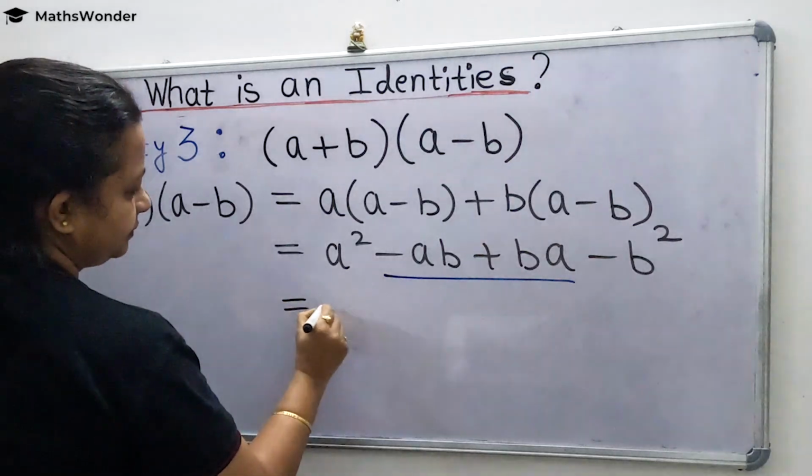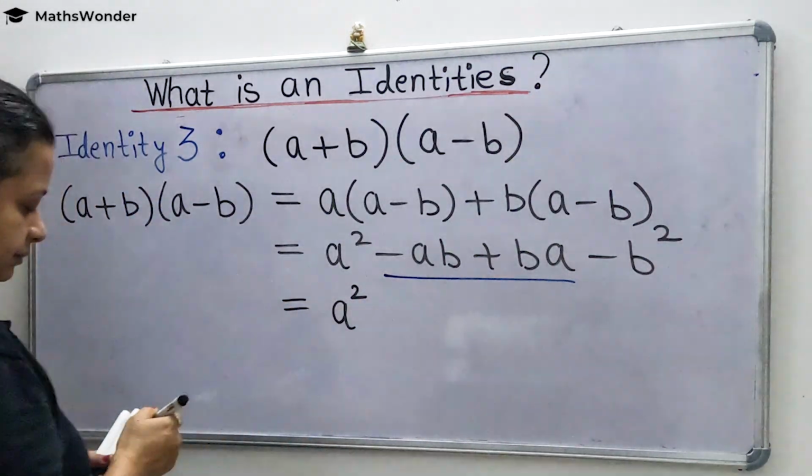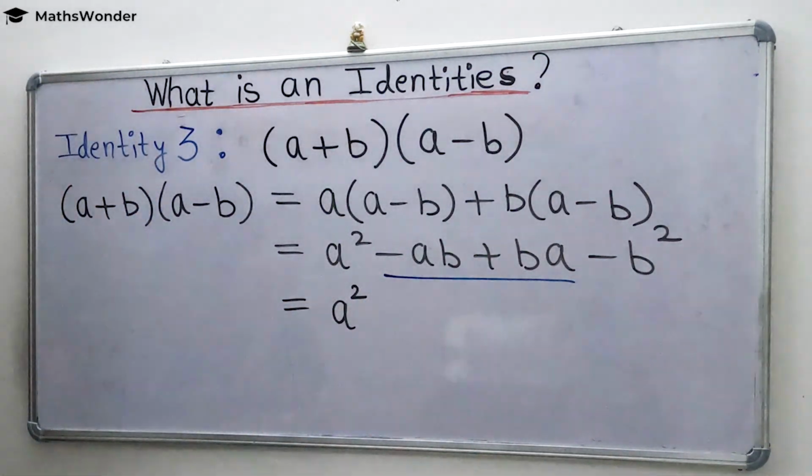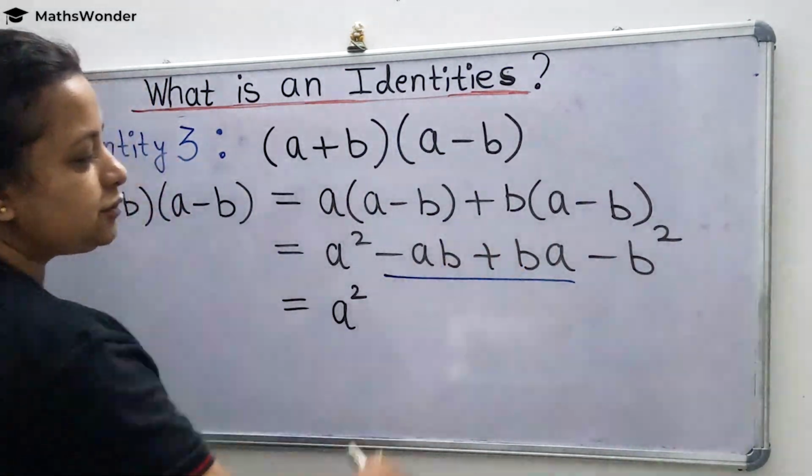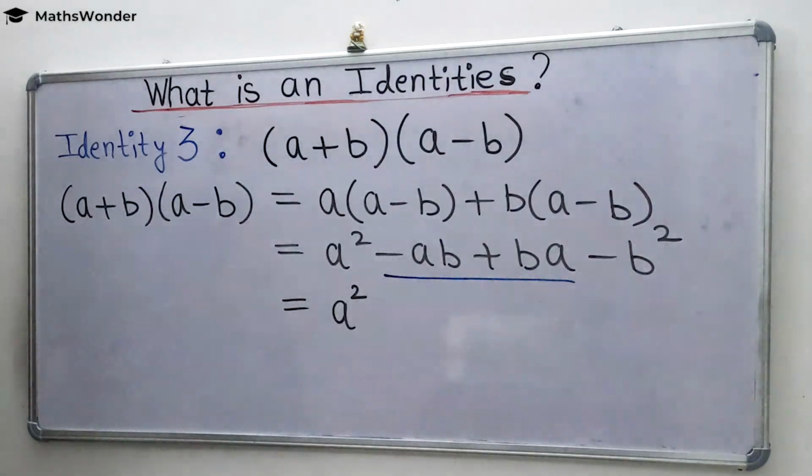Oh, it should be positive. One is positive, one is negative, already given in the question. What does this mean? What should I write, beta? How will you solve a negative AB and a positive BA? What does this mean?